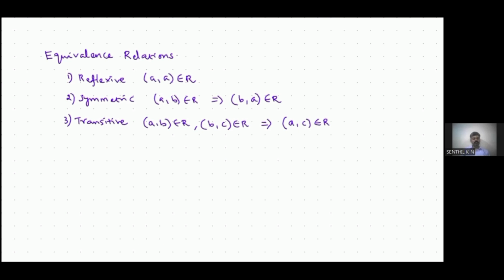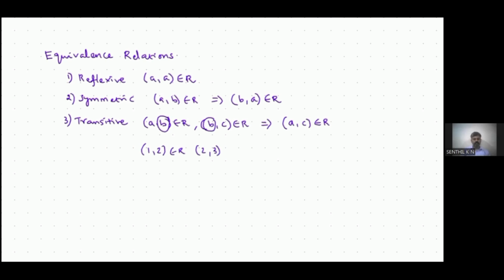Okay, so transitive means what? We have to consider two elements in the form (A, B), (B, C). Here the first element ends with B, and the second element should start with the same B. Suppose we are considering (1, 2) belongs to R, then the second element should start with 2. It may be (2, 3), (2, 1), whatever we can take.